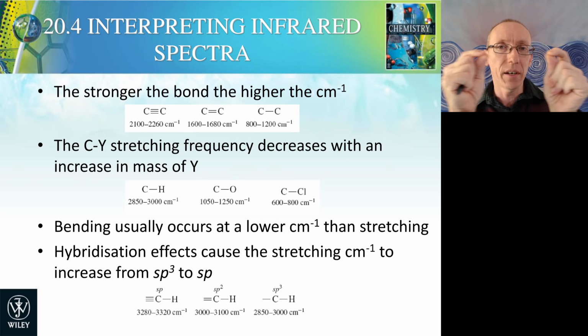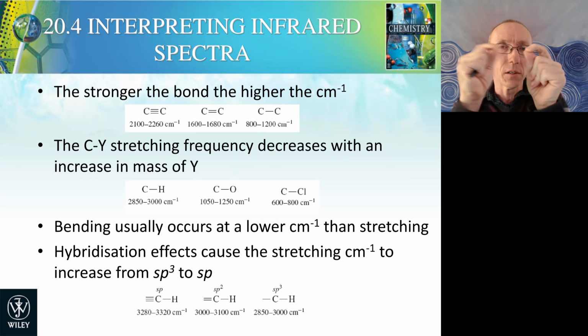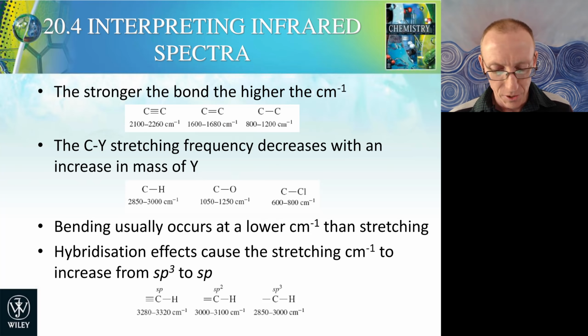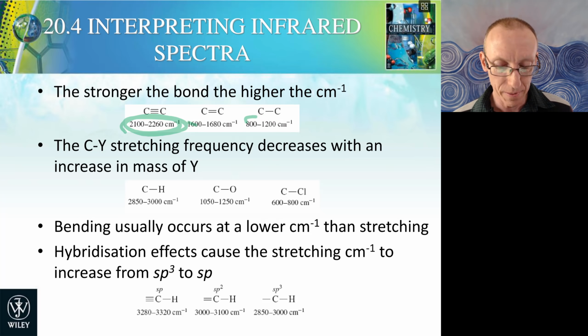A single bond will have a relatively weak spring compared to a double bond, which will vibrate faster, and then a triple bond has a really strong spring, so it will vibrate really, really fast. So a CC triple bond has a stretching vibration 2100 to 2260, whereas the double bond is 1600 to 1680, and single bond is all the way down at 800 to 1200. So a very big difference in the frequency there.